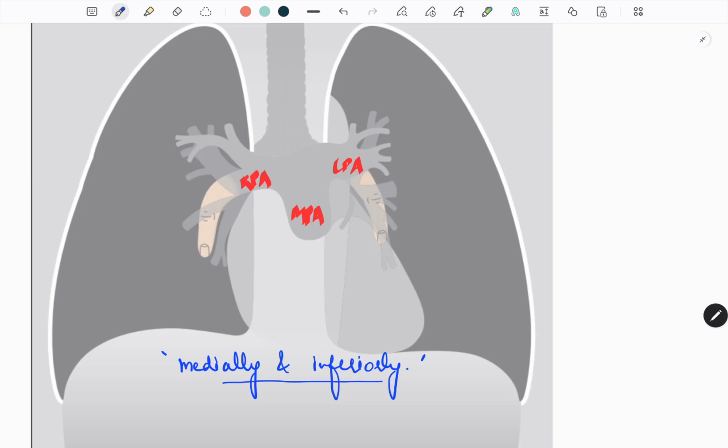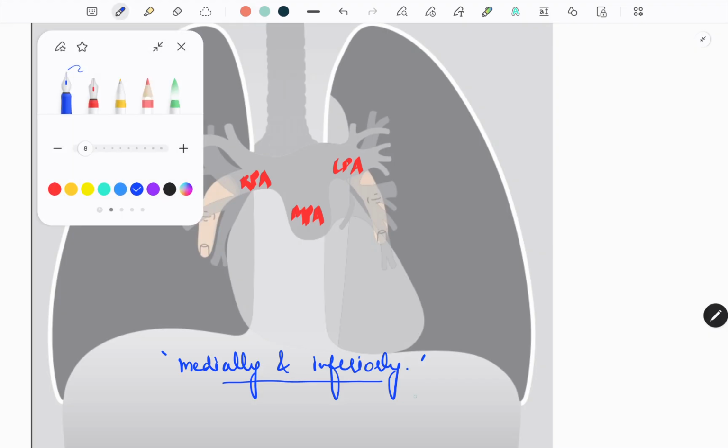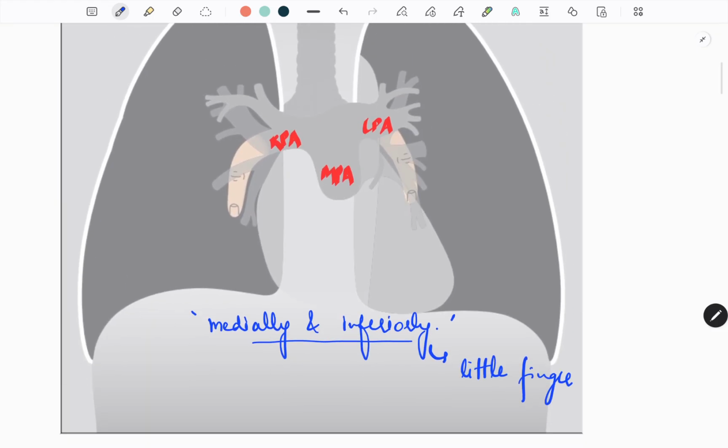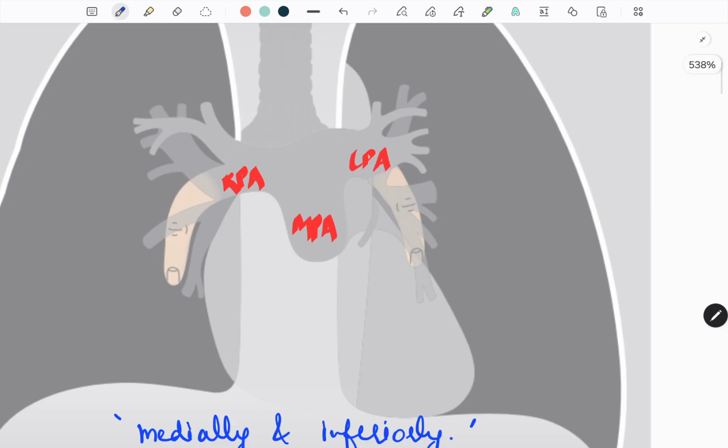These are approximately the size of a little finger. This is the right pulmonary artery, left pulmonary artery.